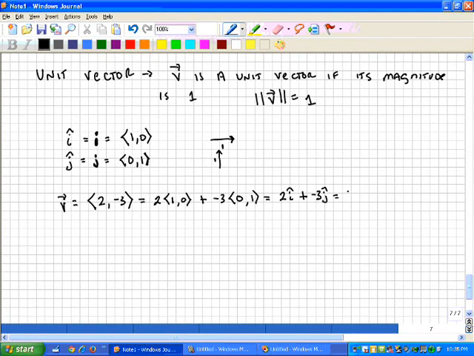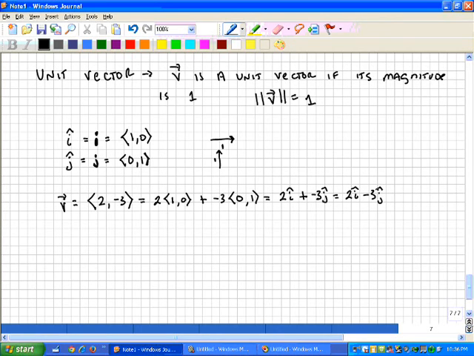So this vector v can be represented as 2i hat minus 3j hat, or 2i minus 3j, where i and j are the horizontal and vertical unit vectors, respectively.